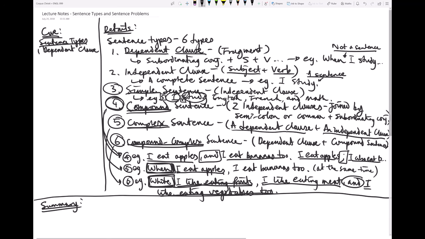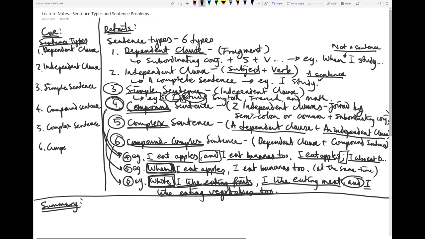So we have 1 dependent clause, 2 independent clause, 3 simple sentence, 4 compound sentence, 5 complex sentence, and 6 compound complex sentence.